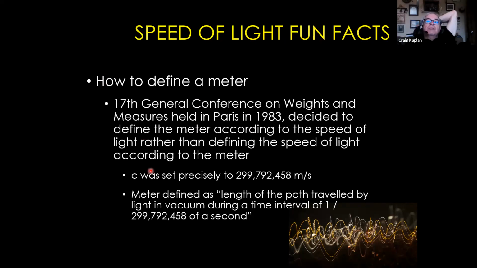The speed of light was set precisely to this number through interferometry, and then the meter was defined as the length of the path traveled by light in a vacuum during a time interval of 1 over that fraction of a second. So the meter is now defined by the speed of light rather than the speed of light being defined by meters.